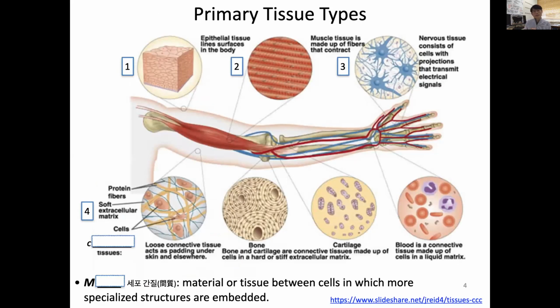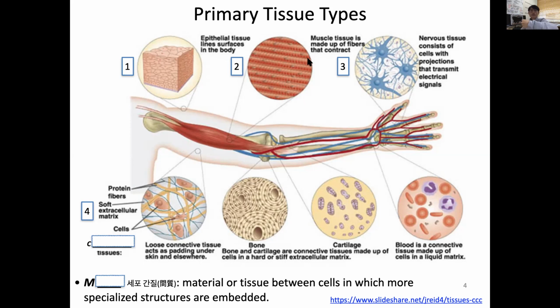Now, let's discuss the primary tissue types. Here's an example. Let's consider our arm and its surface. On the surface, there are multiple layers of cells, which is called epithelial tissue. Its role is lining the surfaces in the body. And second, for contraction or for movement, we need muscle tissue, which is made up of muscle fibers that can contract.